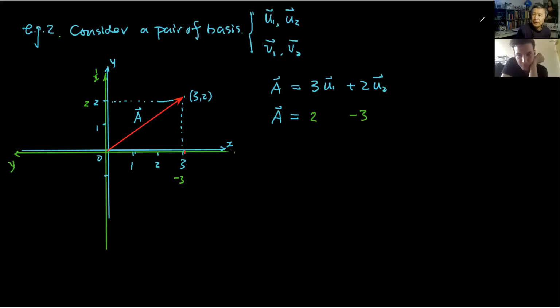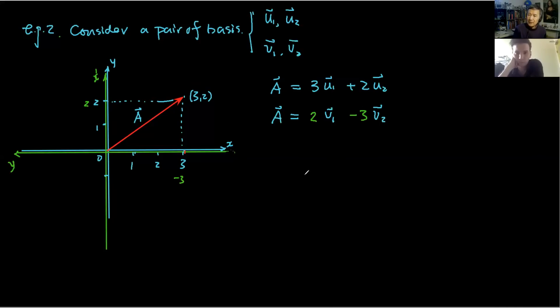The numbers change because we choose different bases. This is V1 and that's V2. That is the example of how we represent the same vector using different bases.